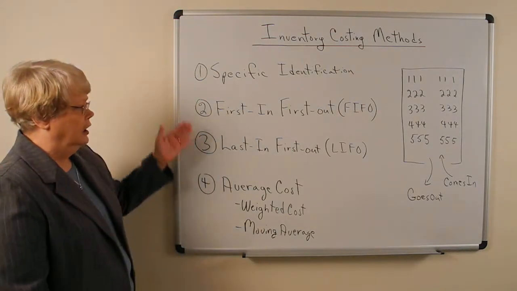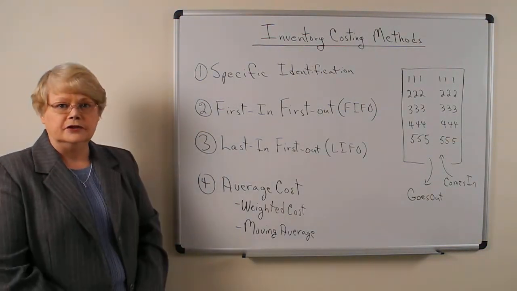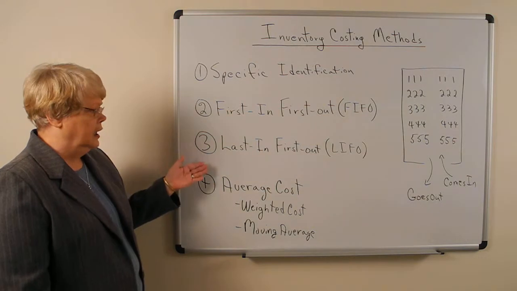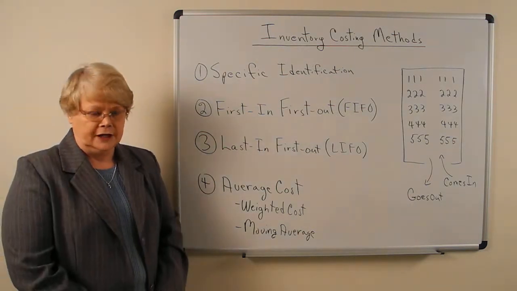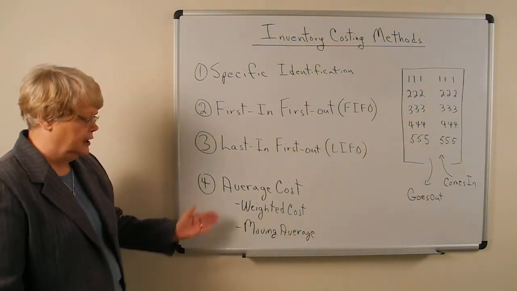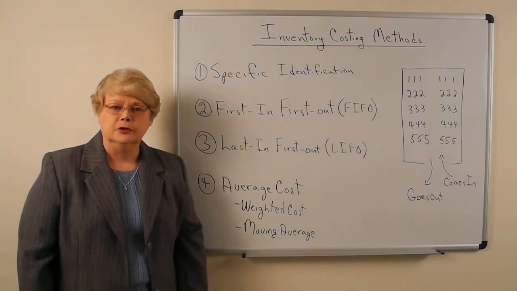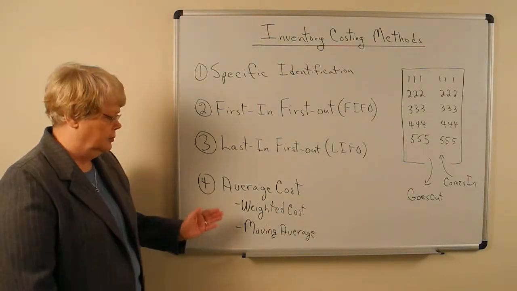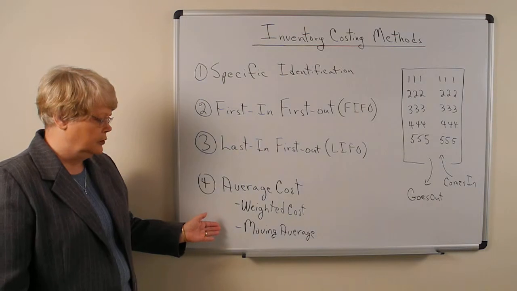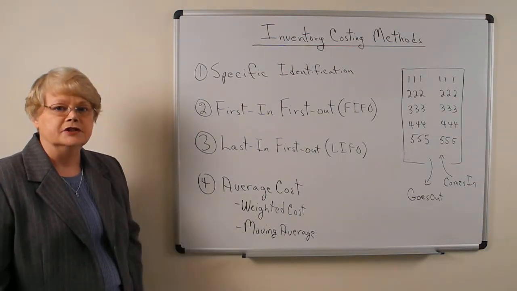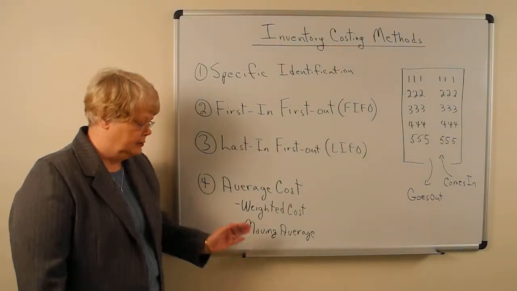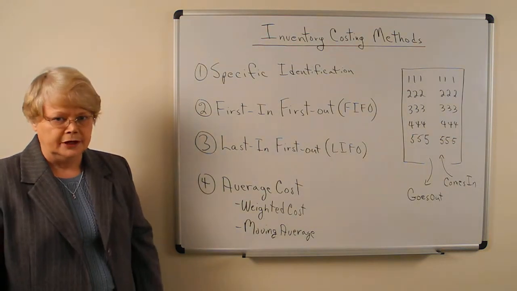We have FIFO, which is first in, first out. We have LIFO, which is last in, first out, and we have the average. And depending on whether we have a perpetual or a periodic system, we might use the weighted average or the moving average. The weighted average is used in periodic and the moving average is used in perpetual.